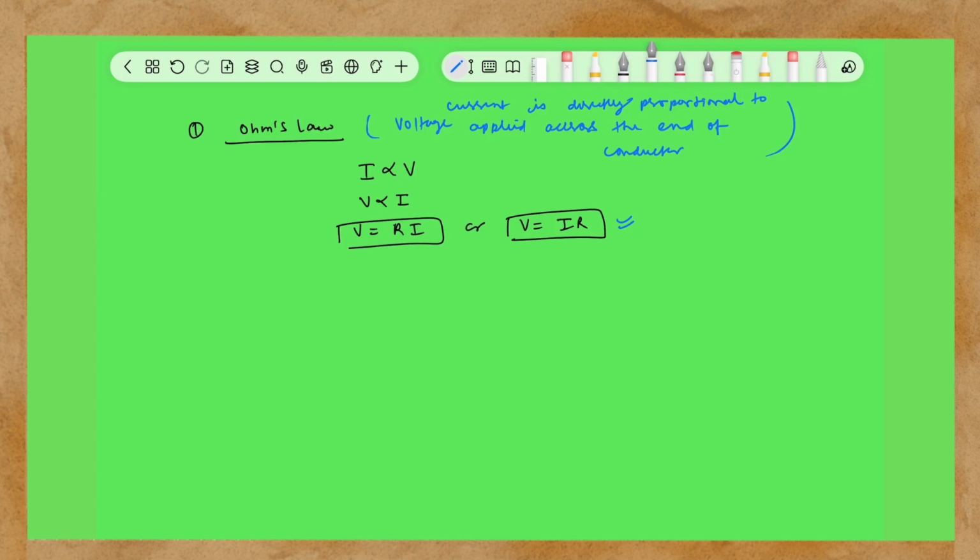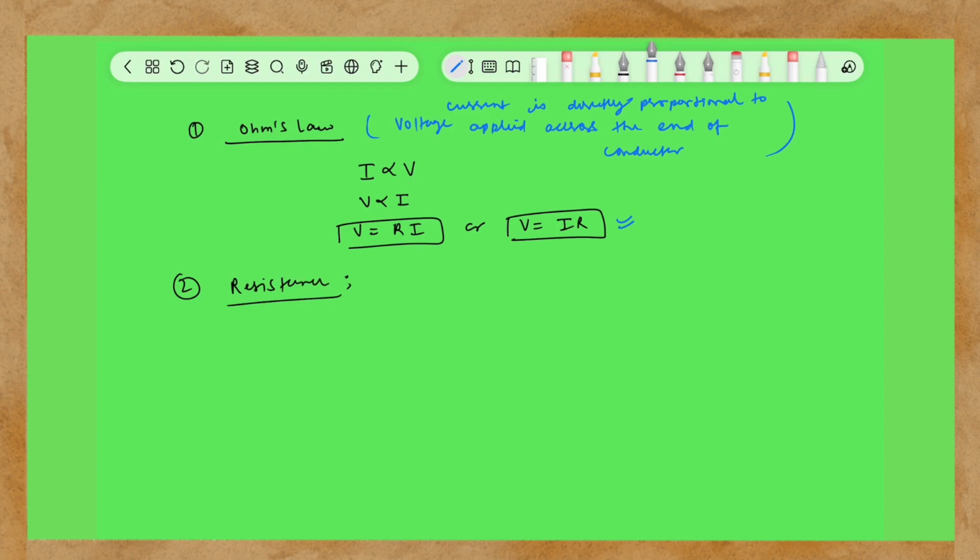Now moving to the next concept, next formula, that is resistance. So how will we define resistance? Resistance is defined as the obstruction to the flow of current.